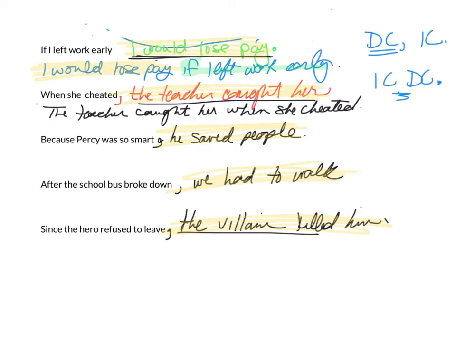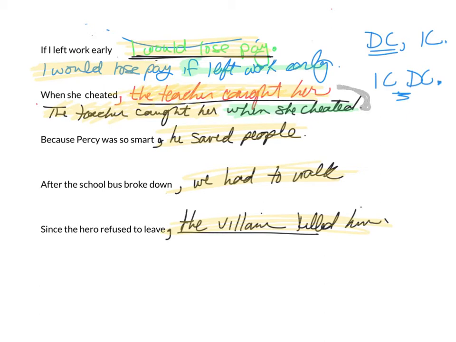Yep, we haven't changed which idea is important. We have our subordinating conjunction when. It is attached to the front of she cheated, which means that's my less important idea. And what is my main idea? The teacher caught her. So we flipped the main idea from the back of the sentence to the front of the sentence. But these two ideas are the same.